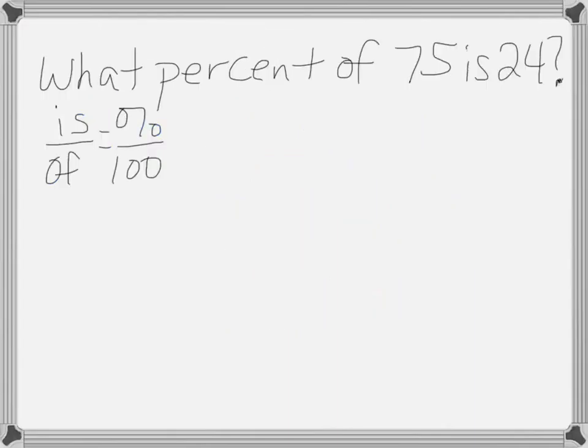What percent of 75 is 24? This is similar to the first problem we worked with. The 16 is what percent of 20, but the wording's just a little bit rearranged. But it's still done the same way. 24 is the is number, of is 75, and we're missing the percent. So we'll put an N there over 100.